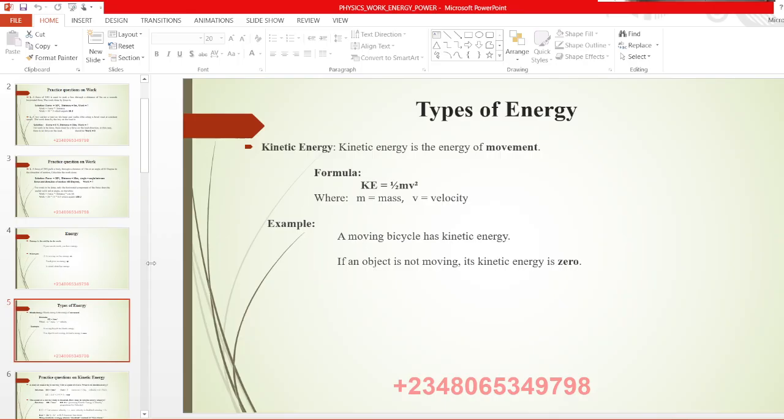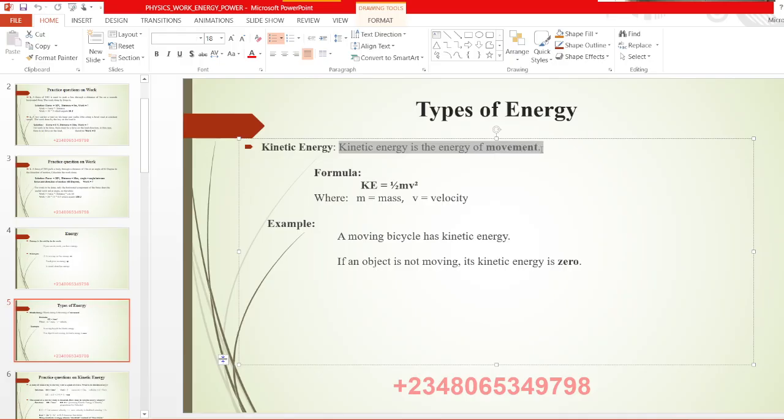The energy that comes into play when a body is in movement is called kinetic energy, and it is defined as half mass times velocity squared, where mass is m and velocity is v. A moving bicycle has kinetic energy because it is moving.